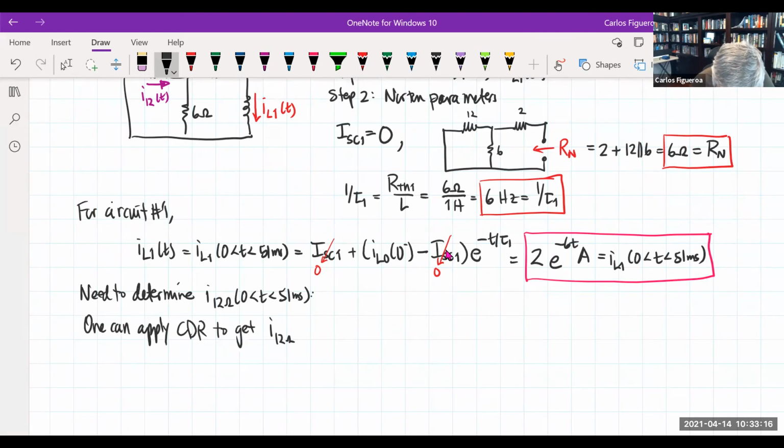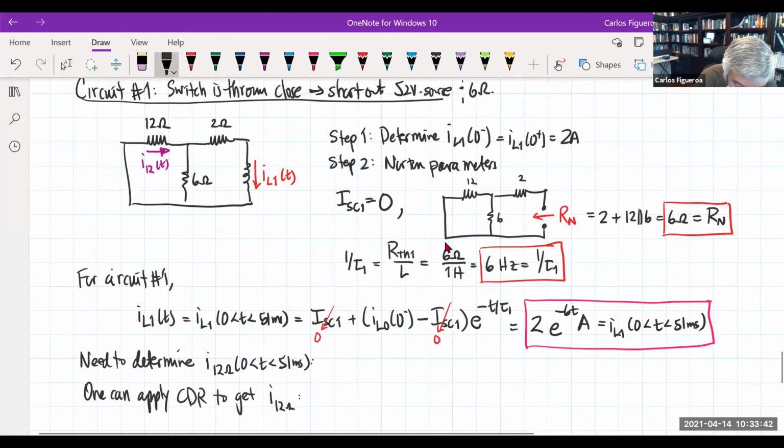Let me make sure that I'm seeing this right. According to the CDR here, if I want the current across the 2 ohm resistor, it has to be the opposite resistance divided by the sum of the 2, and that has to equal I12.